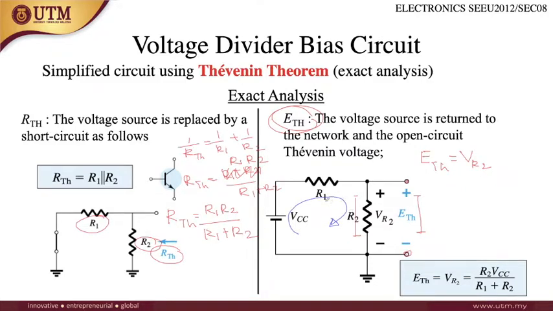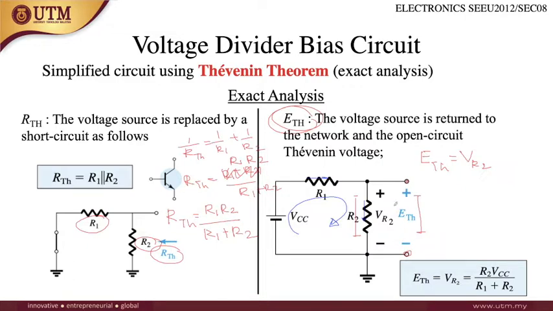Based on Kirchhoff's voltage law, first of all we need to find the current. To find the voltage here, we need to find the current flowing here. The current that flows at R2 is the same as the current flowing from R1, because no current will flow here since this is an open circuit.